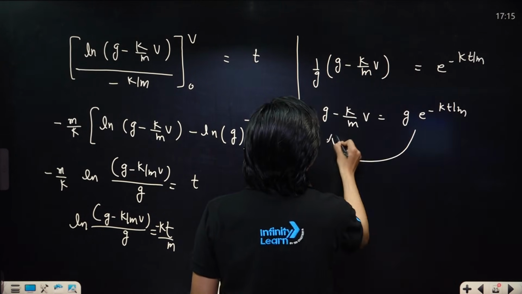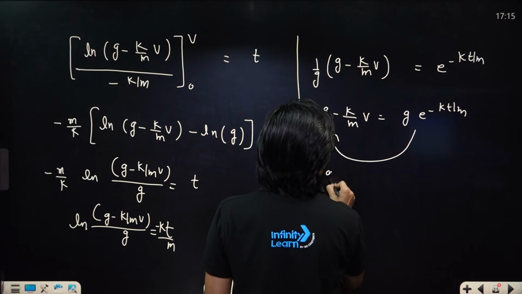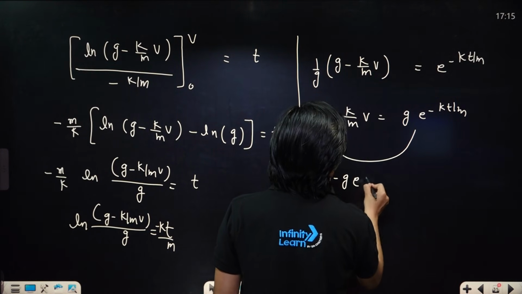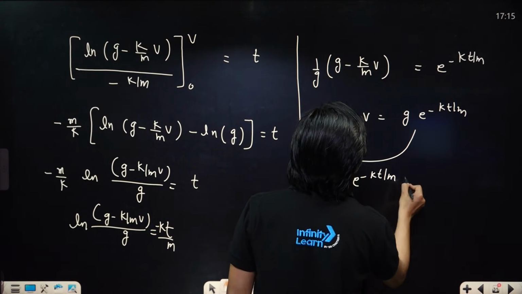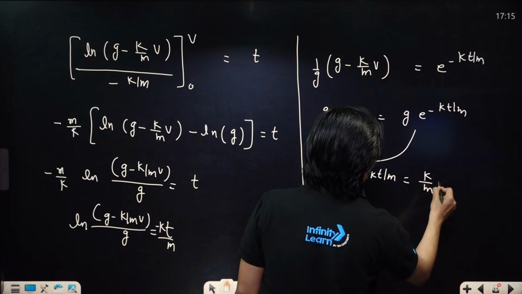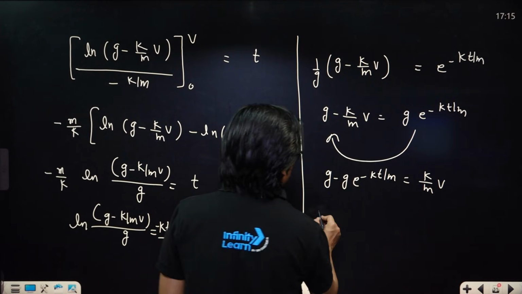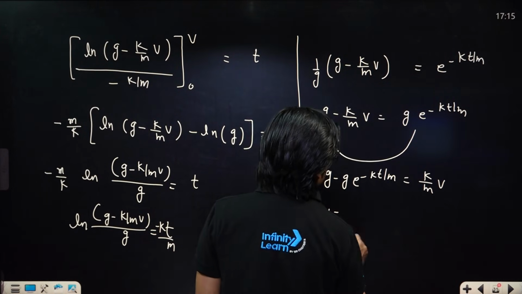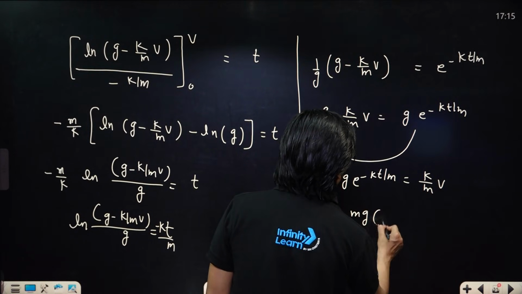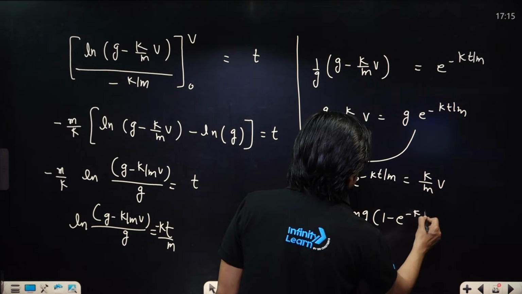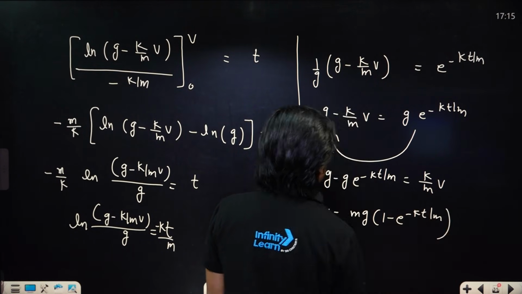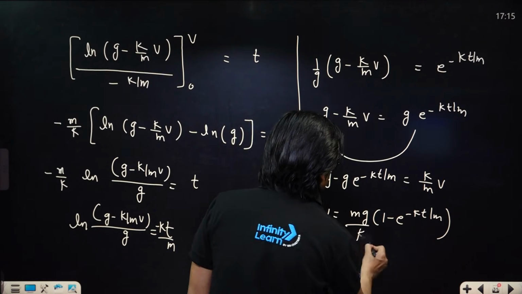You take this towards left, so g minus g into e raised to the power minus kt by m is equal to k by m into v. From this I can write v is actually equal to mg by k into 1 minus e raised to the power minus kt by m.